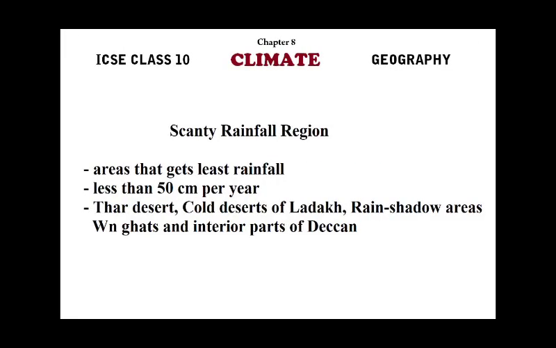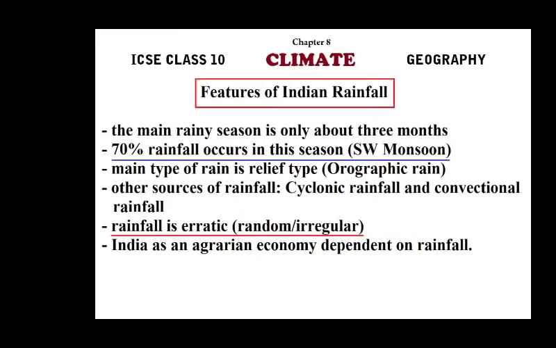These are the areas that get the least rainfall in our country. These areas receive less than 50 centimeters of rainfall on average in a year. It includes the Thar Desert, the cold deserts located in the Ladakh area, then the rain shadow regions of the Western Ghats. So these are the areas that receive the least amount of rainfall in India.